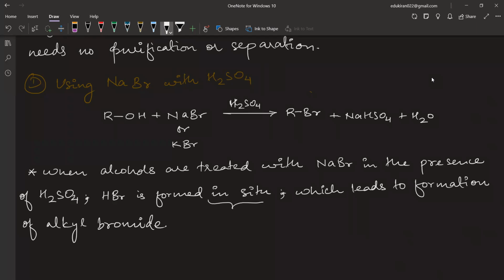It means in the original situation. It is not a chemical word. It can be used in general also, but in chemistry, it means in the reaction mixture. It is formed in the reaction mixture, and then it further reacts.